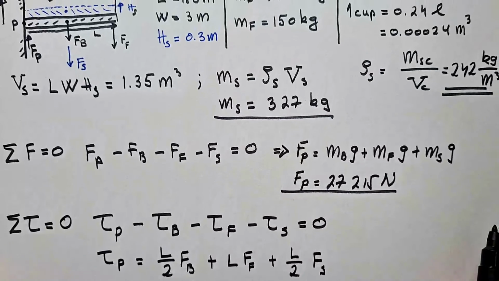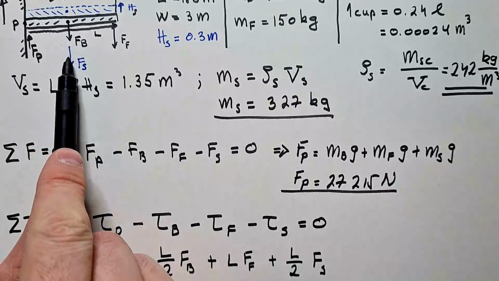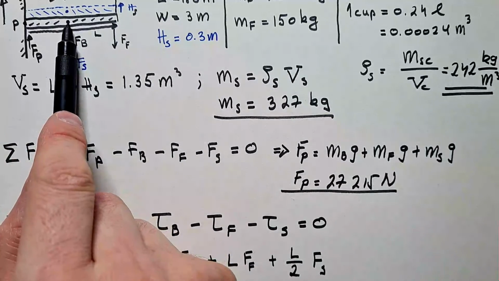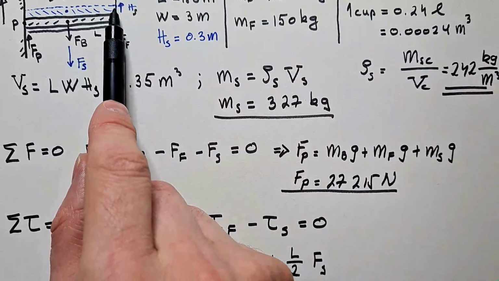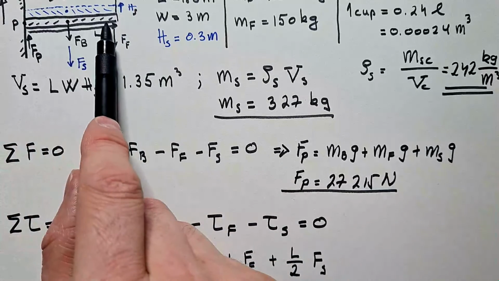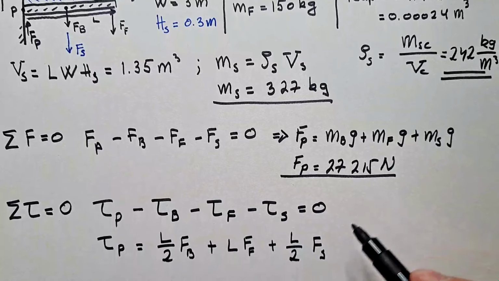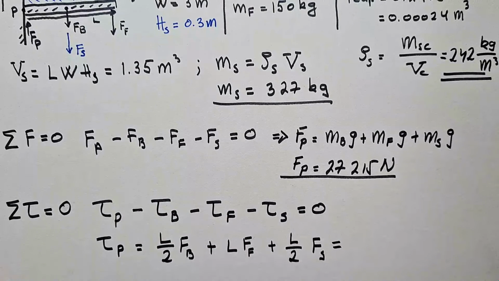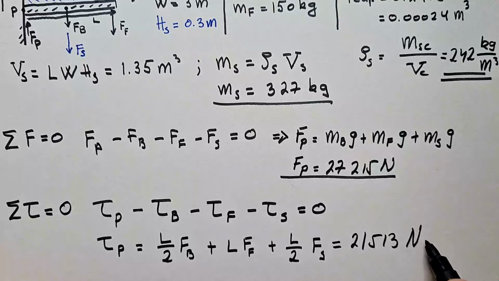Let's remind ourselves why there is half of the length here: these two forces are acting from the center of mass of the balcony and snow, and the center of mass is in the middle of the balcony, whereas the fence is positioned at the end of the balcony, so the arm of the force is the whole length of the balcony. We have all these numbers above, so if we plug in, we get that the torque is 21,513 newton meters.